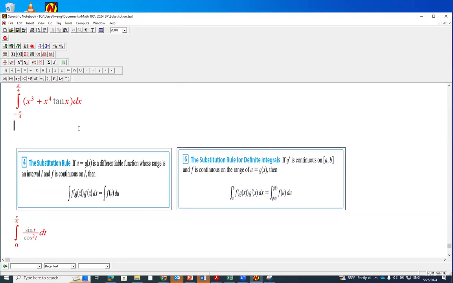If you think of substitution, we certainly do, because we have been doing substitution. But how do we substitute? What are we going to substitute by? Are we going to substitute tangent x for u? We're going to substitute x raised to the power 3 for u.